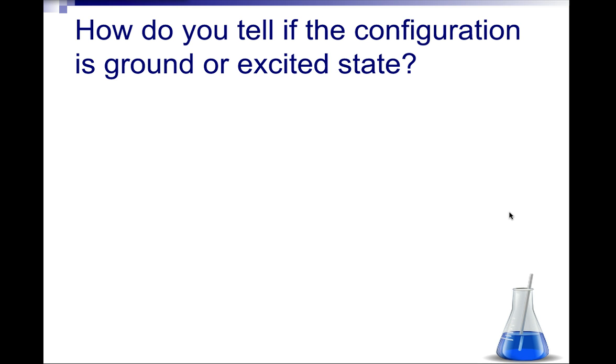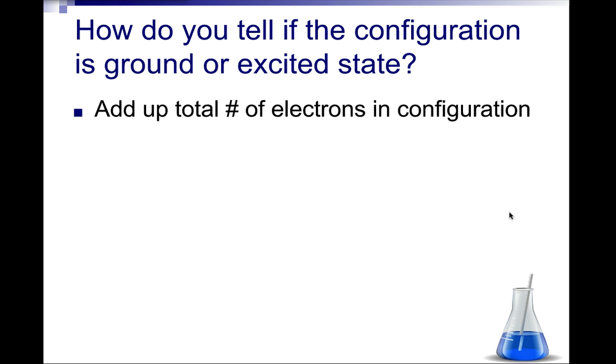So let's take a practice. How can we tell if the configuration is ground or excited state? First, we need to add up the total number of electrons in the configuration. In other words, add up all of the numbers, and whatever that number equals will tell you the atomic number of the atom we are working with.